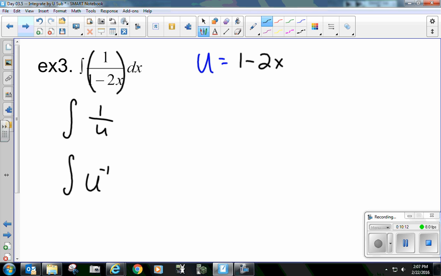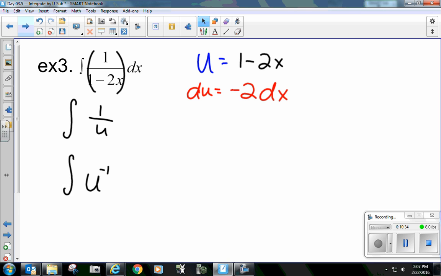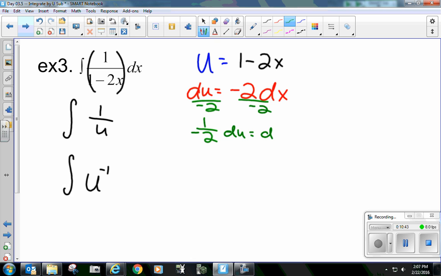Now, that's my u. What about my du? Negative 2, and don't forget dx, because I need to substitute in for dx. If I divide both sides by negative 2, 1 over negative 2 du equals dx.